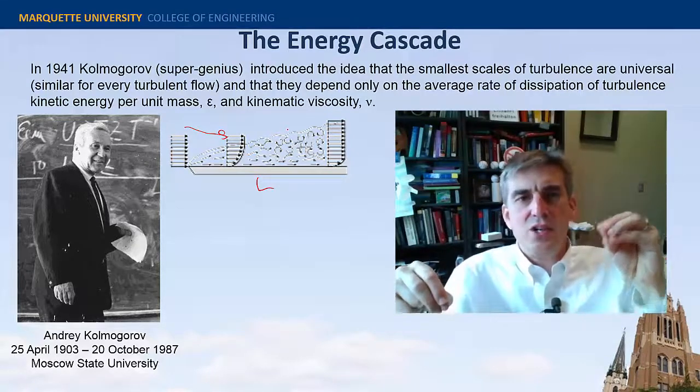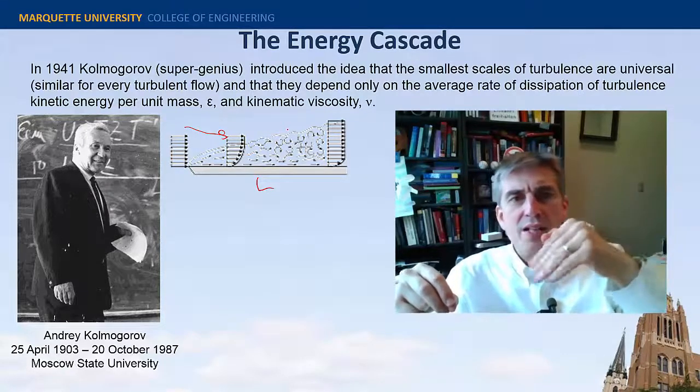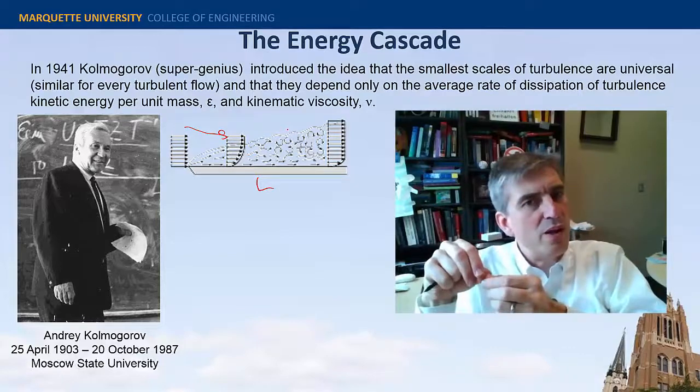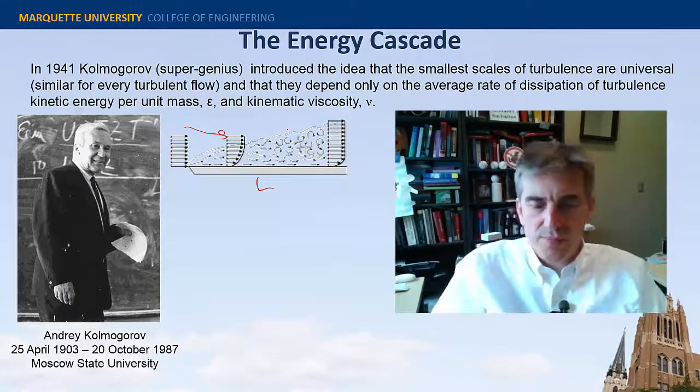They turn into heat. So the energy that you put in with the mean flow works its way down in scales, making smaller and smaller eddies until eventually the eddies just dissipate into heat and stop swirling.